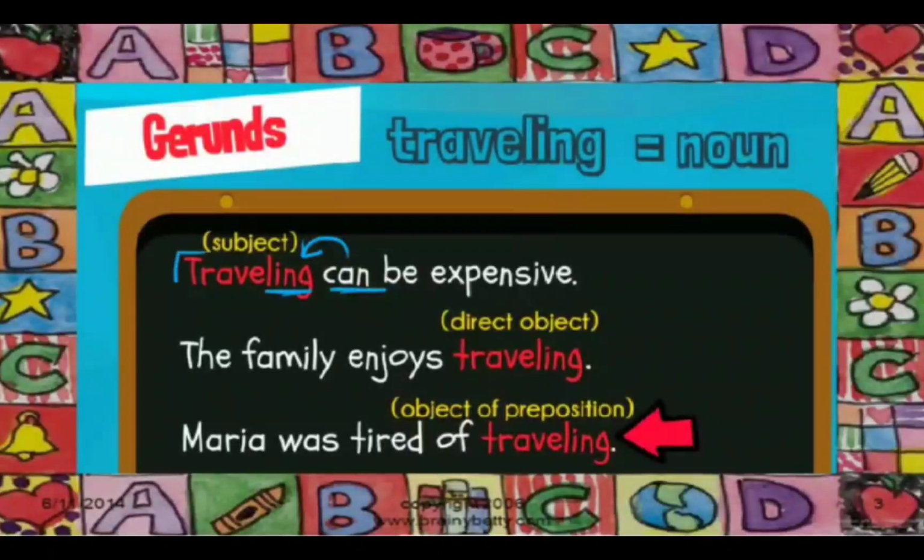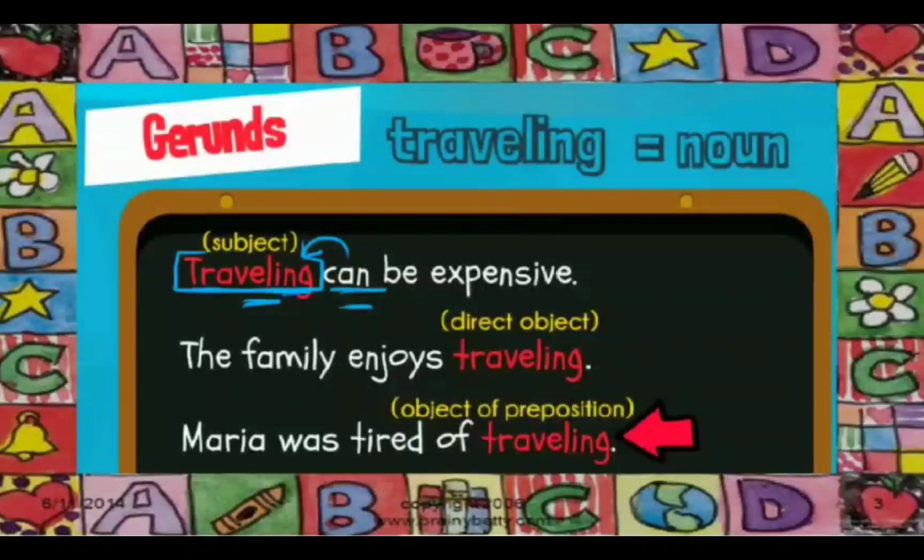This word is a gerund. In this sentence, if you didn't know the concept of gerund, you would think that there are two verbs, traveling and can. But no, one of the verbs has been converted into a gerund.